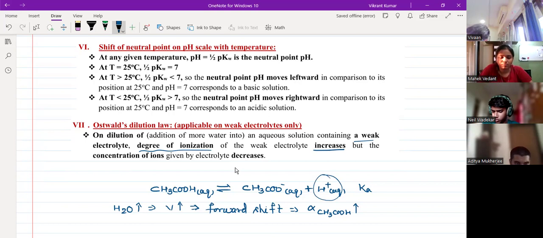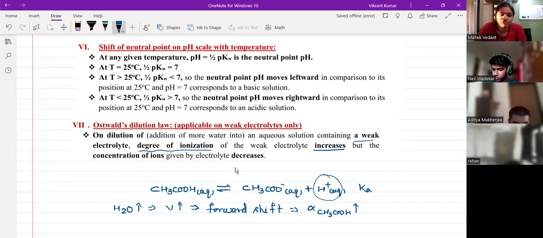In fact, it will decrease. Why are we saying that? Because moles are increasing, but in proportion to volume, moles are not going to increase, right. Doubling the volume does not double the degree of ionization. And that's why we are saying that the concentration of the ions is not going to increase, but the moles are definitely going to increase. So we are saying that at least alpha of this weak electrolyte is increasing.